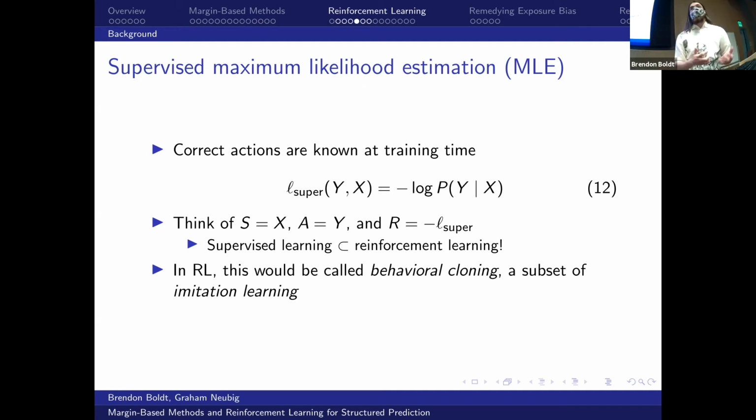Maybe the kind of RL you're more familiar with is agents trying to explore, finding new ways to do things better than humans by following wherever the reward function leads. But there's a whole section of RL that just focuses on imitating expert demonstrations, which is essentially what supervised learning is doing. So just take a brief look at equation 12 again. We're looking at the log probability of Y, which is the correct label.